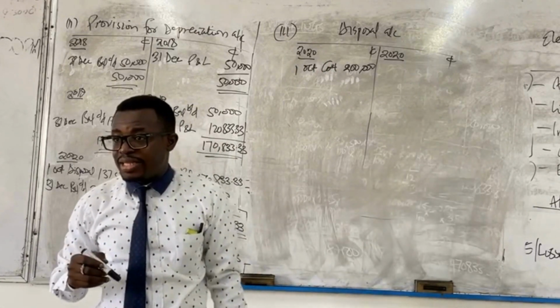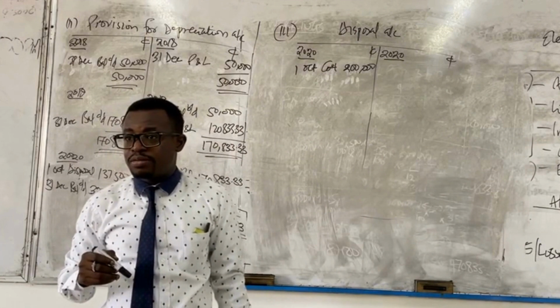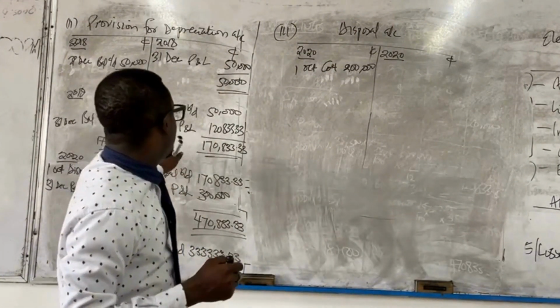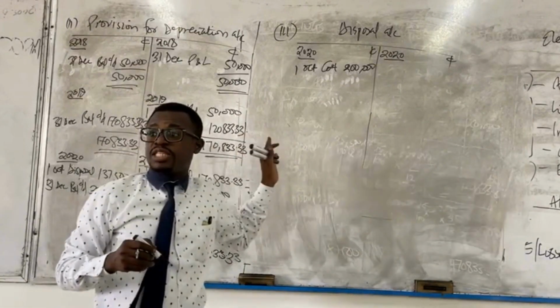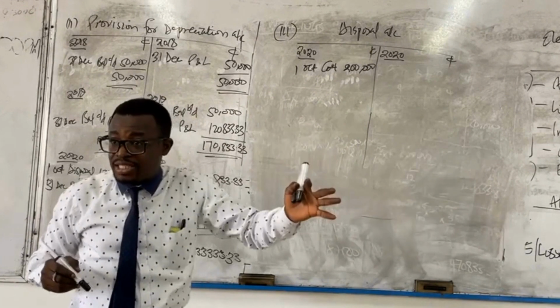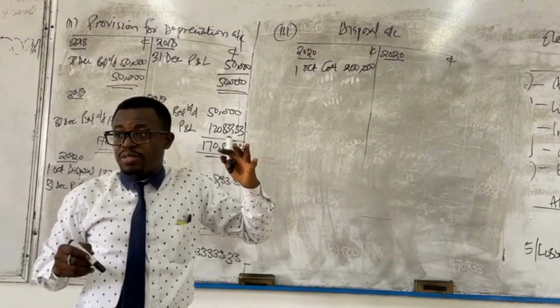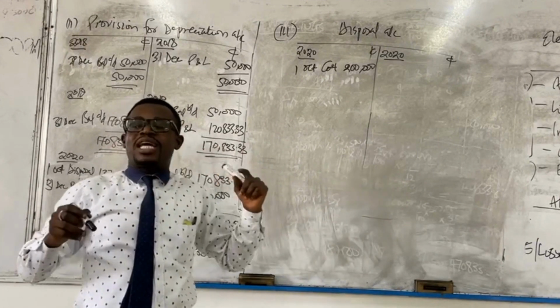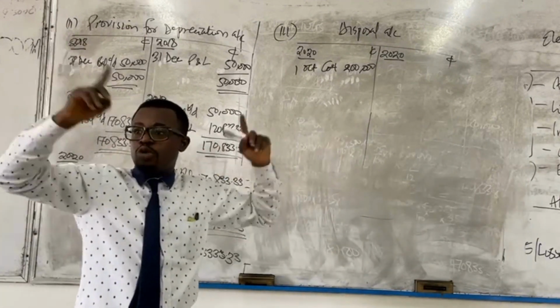Which other account has disposal? Okay. Before we go to the provision for depreciation, when the asset was disposed of, it was disposed of for what? For cash. How much? 120,500. Meaning the transaction was between cash and disposal.